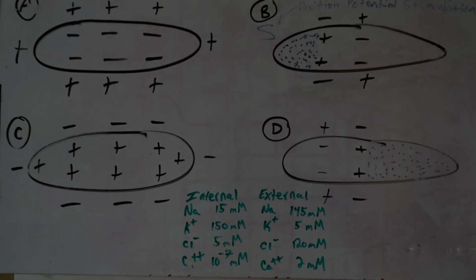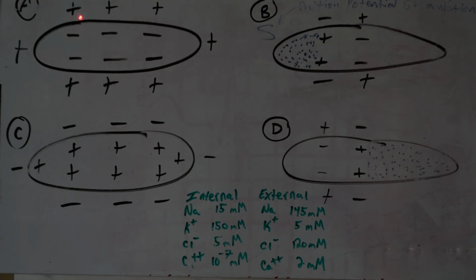And calcium becomes much more important for muscular contraction, which I'll do in another video when I talk about the excitation-contraction coupling. But again, you'll probably never have to memorize those numbers, but let's look at the external now. Sodium 145. So internal 15, external 145. Potassium, external 5, internal 150.